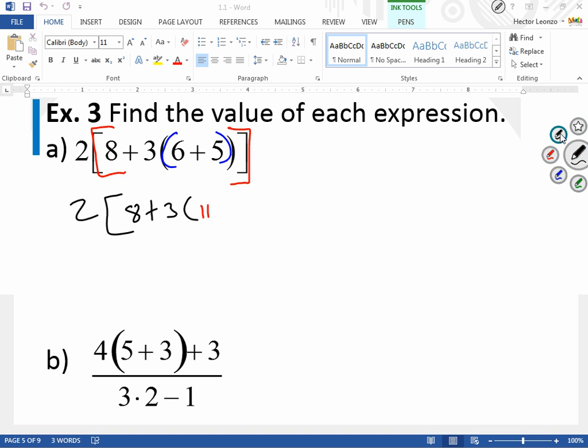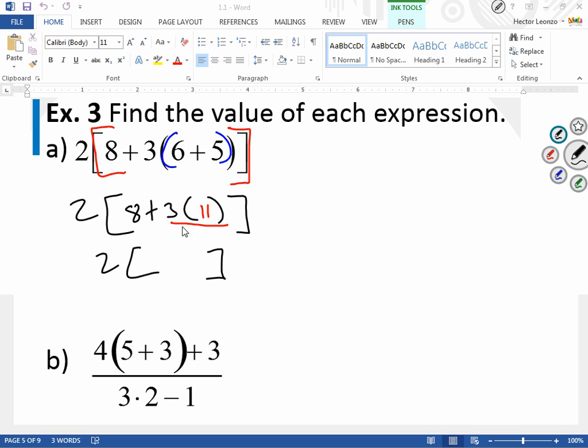I'm going to put in red what I'm working with. Notice how the only thing that I did was the small group, 6 plus 5, so that's what I called 11. Still looking inside the group, I have addition and I have multiplication. When two numbers are put together, that means multiplication. I have to multiply before I add. So just looking at the brackets, I'm not going to do anything to the 2 outside.